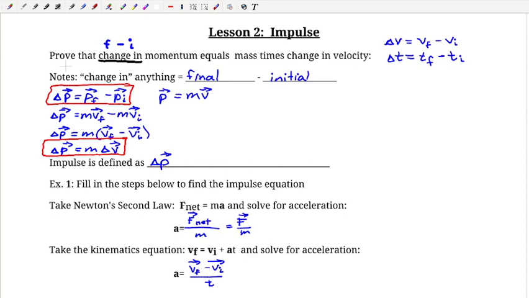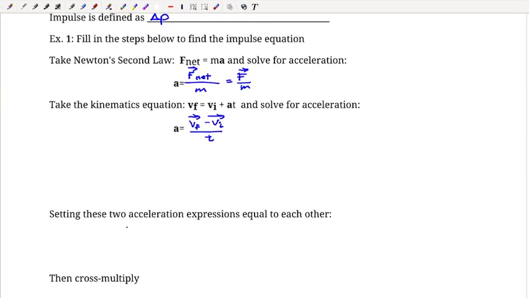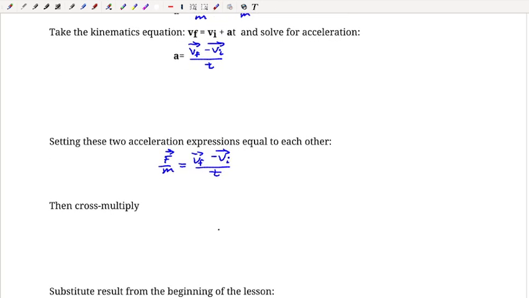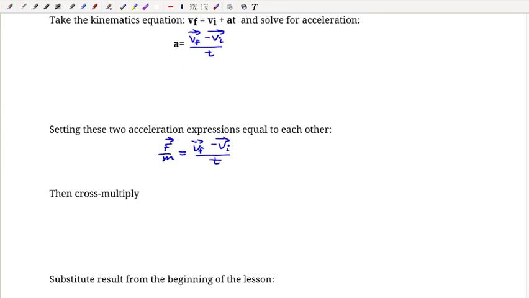Then it says, setting these two equations equal to each other, so we take my F over m and set it equal to v final minus v initial over t. And then cross multiply. I'm going to multiply the t up with the F and the m up with the v final minus v initial. So this gives me F times t is equal to m times v final minus v initial.